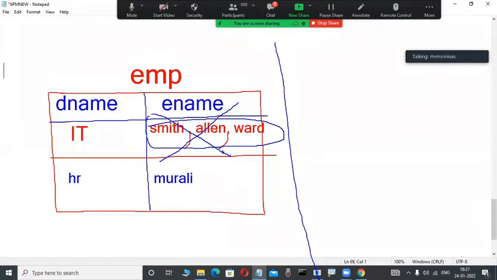Actually, this table is not a problem. Table creation is fine here, Smith, Allen, Ward working. But why is this not recommendable, meaning why every cell has a single value? Table creation is not a problem. Another thing is a problem. What is that? Observe the screen, very important. E.F. Codd, he is a mathematician. He introduced the relational data model in 1970.